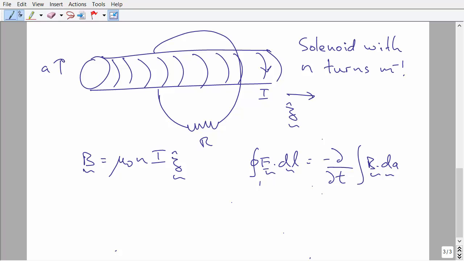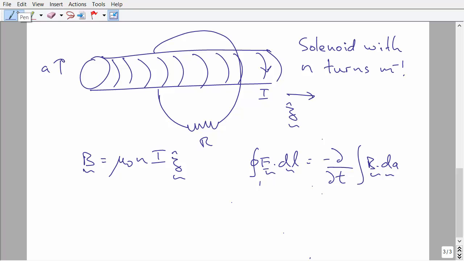Alright, so by loop 1, I mean this loop here. Well, B is given by the magnetic field in the solenoid, and if the current is a function of time, B will be a function of time. This derivative will be non-zero. The integral of E dot dl will be non-zero, and will drive a current through this wire here. This is effectively a transformer. That's what this is, and we'll have a look at that in more detail in a bit as well.